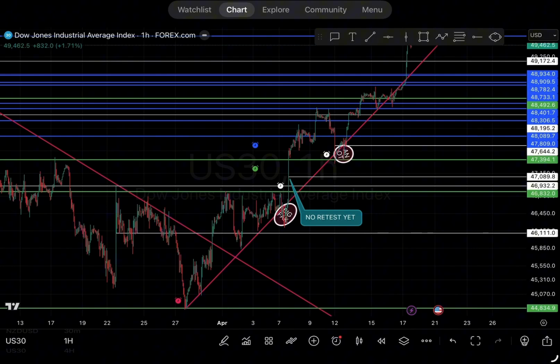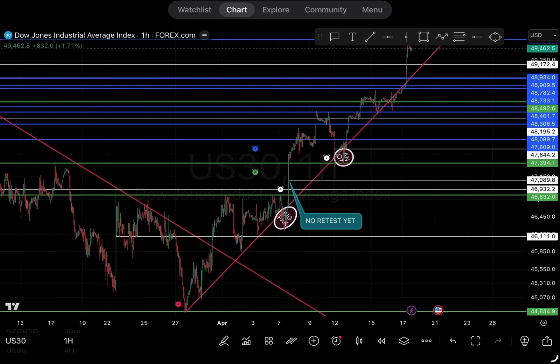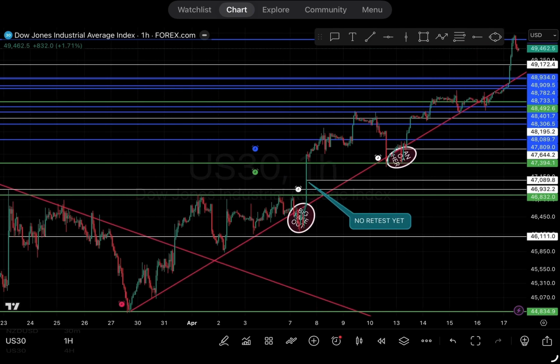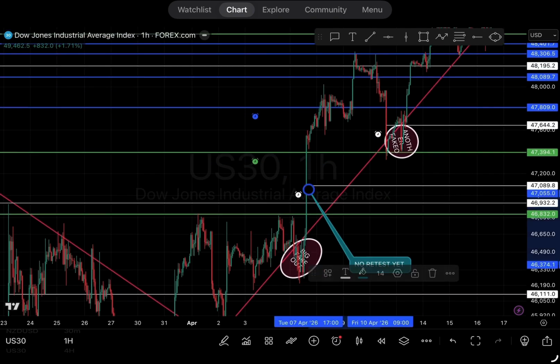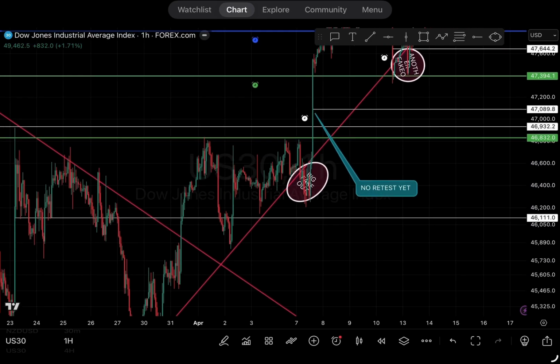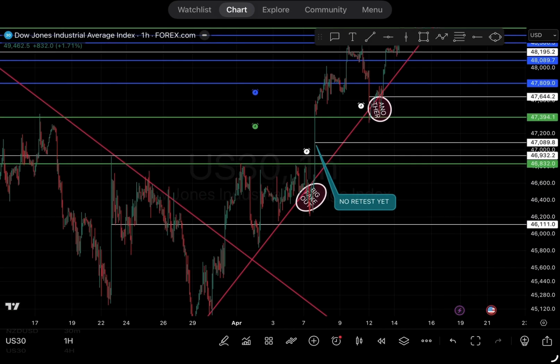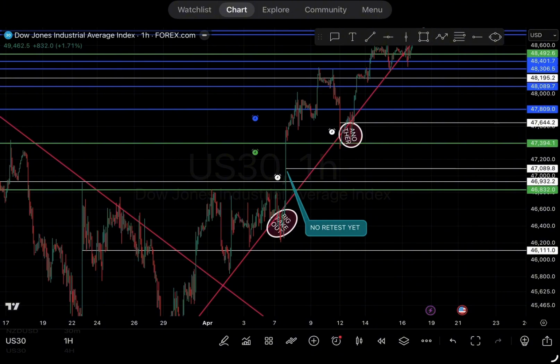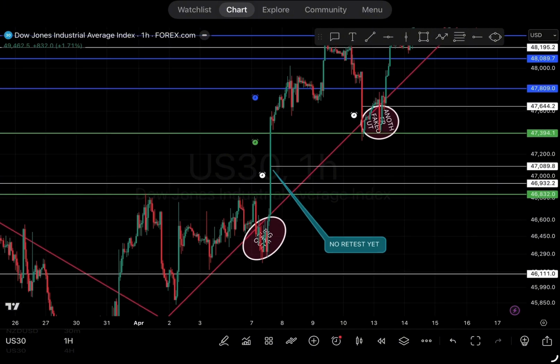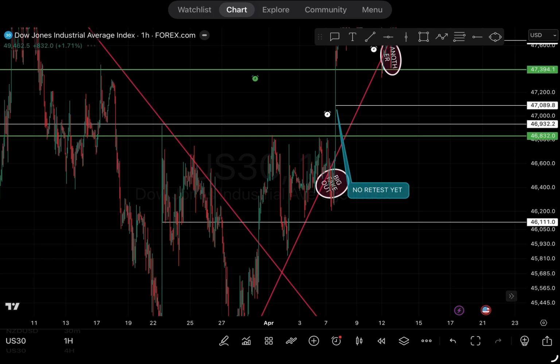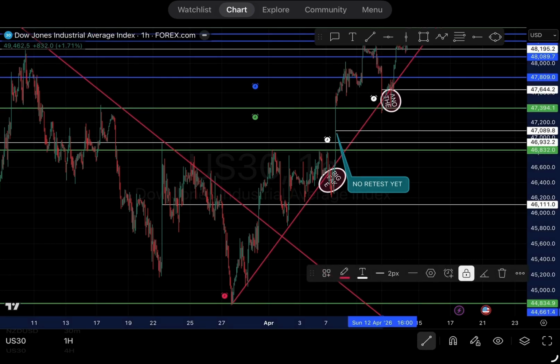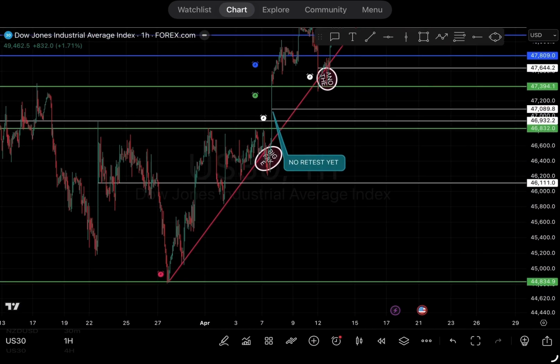So, without further ado, we're looking at US 30, the Dow Jones, right? As you guys can see, I already have this chart fully marked up, right? And I'm gonna show you guys what happened. So I'm gonna get rid of some of these so it's not so cluttered. Okay.